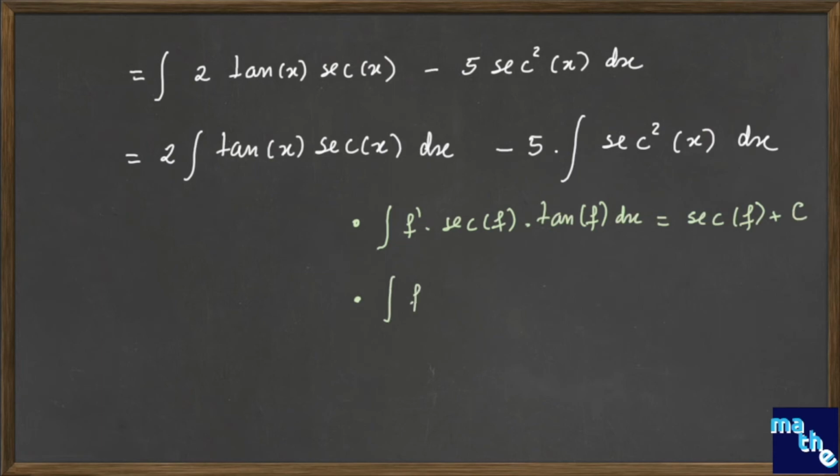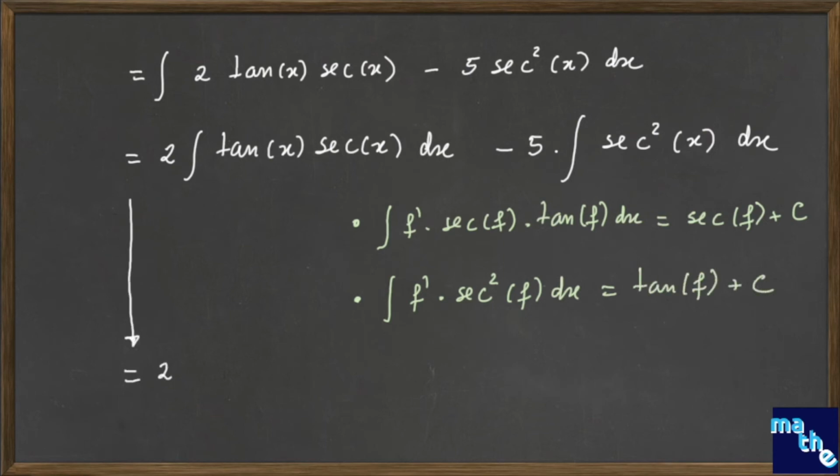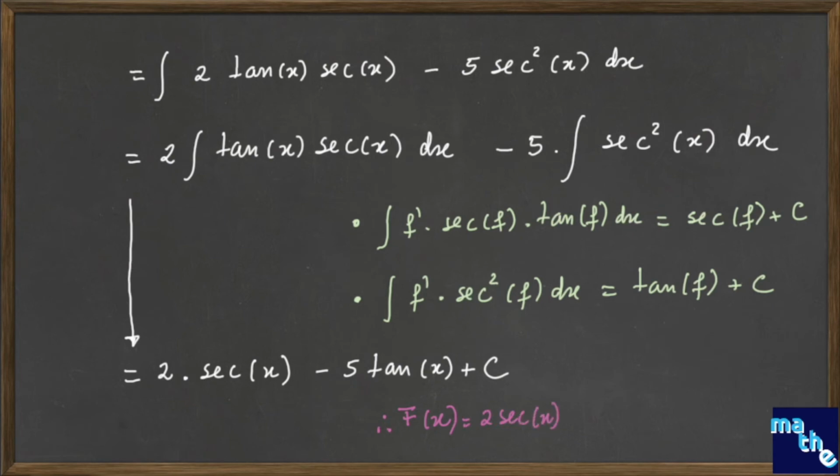Then we have these two straight rules in green. And as you can see, we can apply the first one to the first integral and the second one to the second integral, and the result of the integration of this function is 2 secant of x minus 5 tangent of x plus the constant of integration, of course.